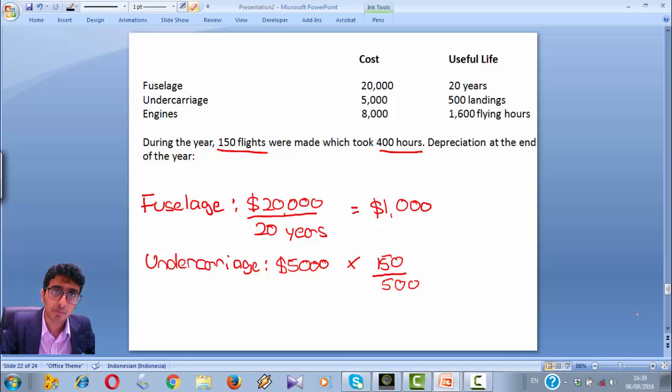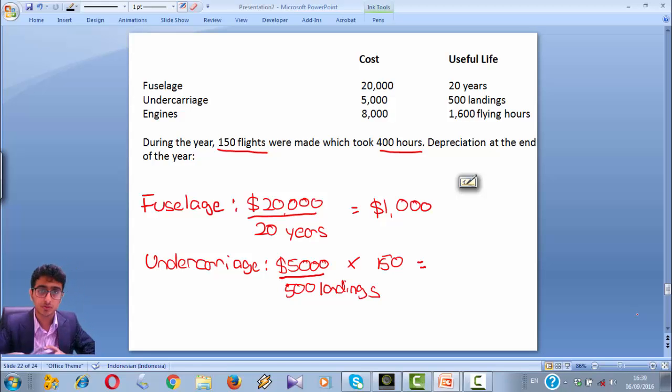Or 5,000 divided by 500 landings, and we used 150 of it, which makes $1,500 as our depreciation.